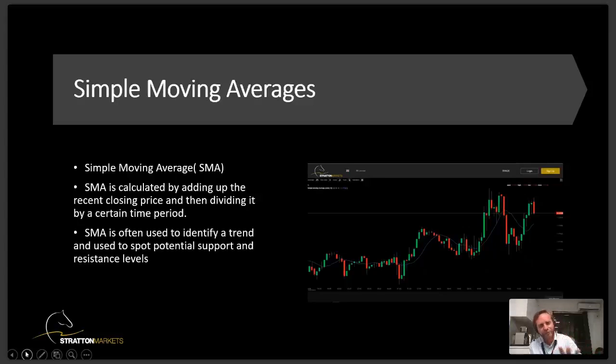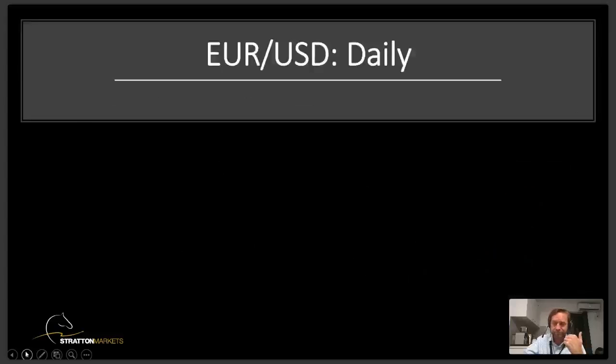Don't worry, you don't have to do this calculation yourself. You don't have to be a mathematical genius, because all the trading platforms already work it out for you. The whole point of an SMA is that traders believe they can use it to identify a trend and, at the same time, spot potential support and resistance levels.